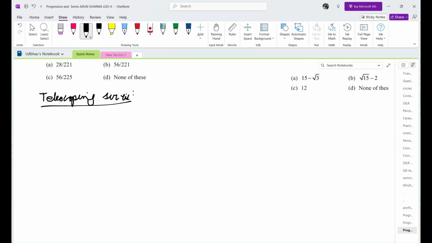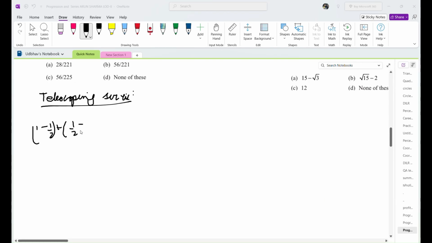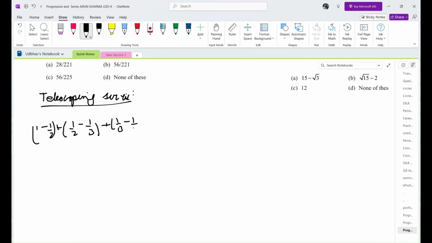Let's consider an example of 1 minus 1 by 2 plus 1 by 2 minus 1 by 3 plus 1 by 3 minus 1 by 4 plus 1 by 4 minus 1 by 5.